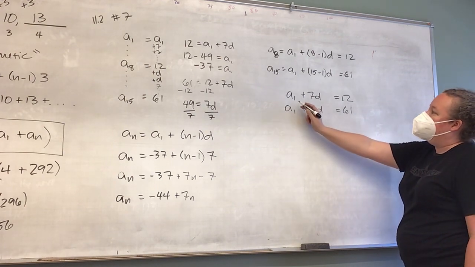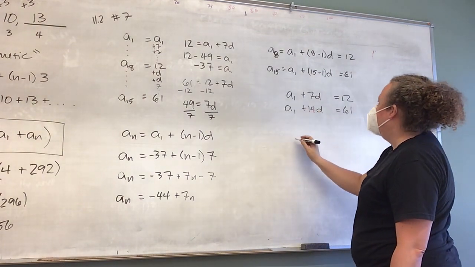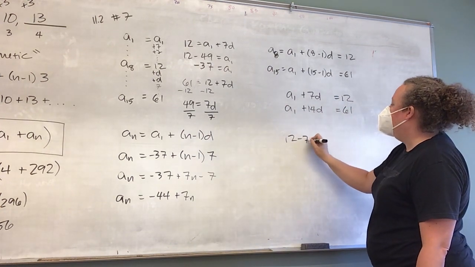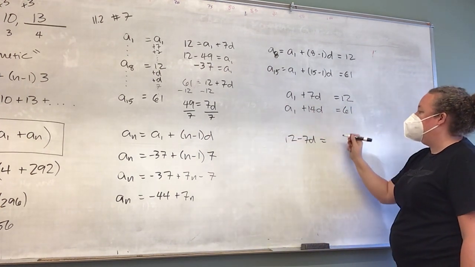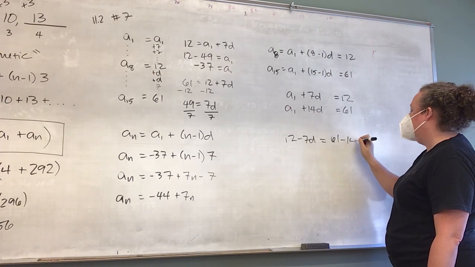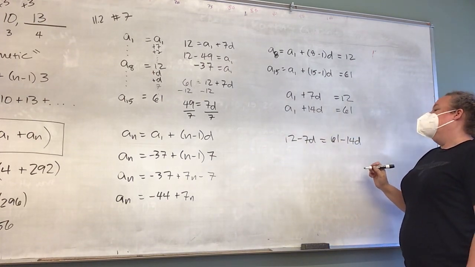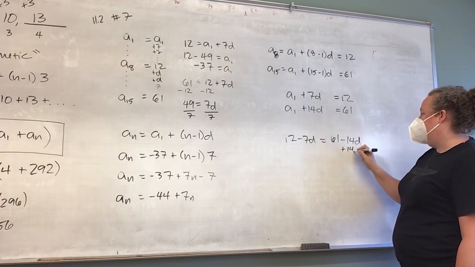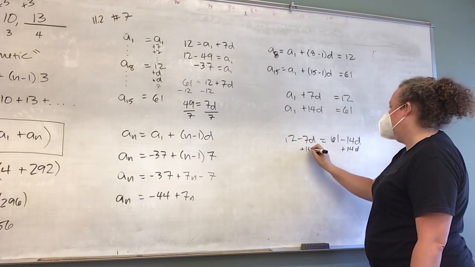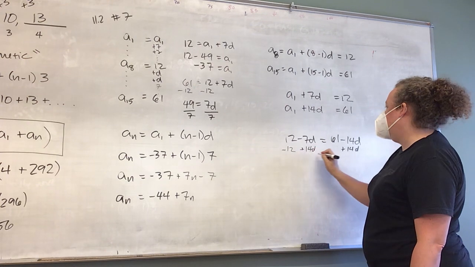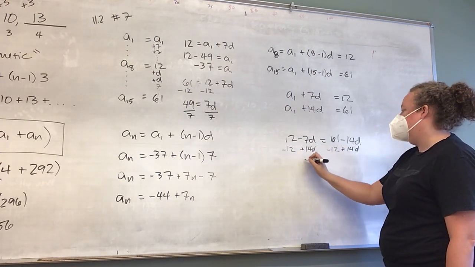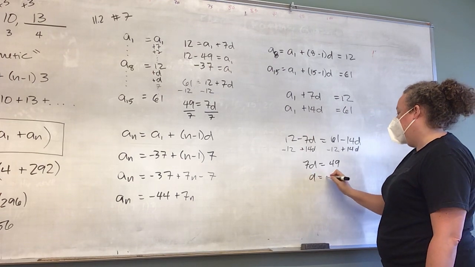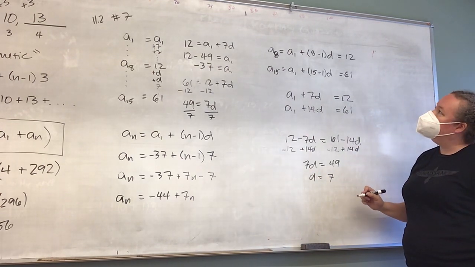So we can solve for A sub 1, which is going to be 12 minus 7d, and set that equal to 61 minus 14d, and then we can add 14d to both sides, and subtract 12 from both sides, and so we've got 7d equals 49, and d equals 7.